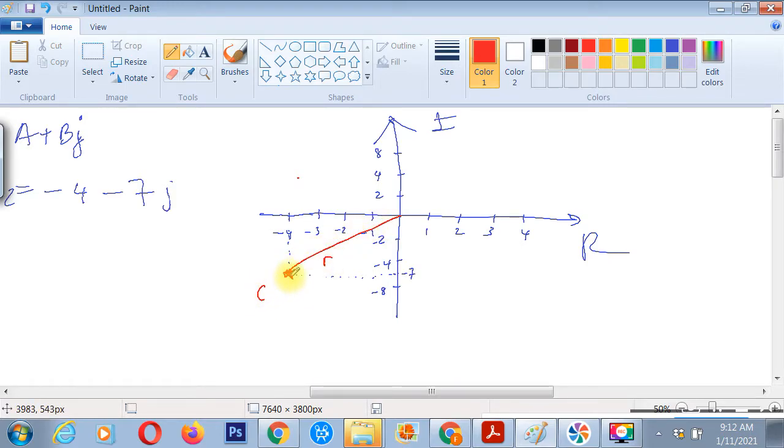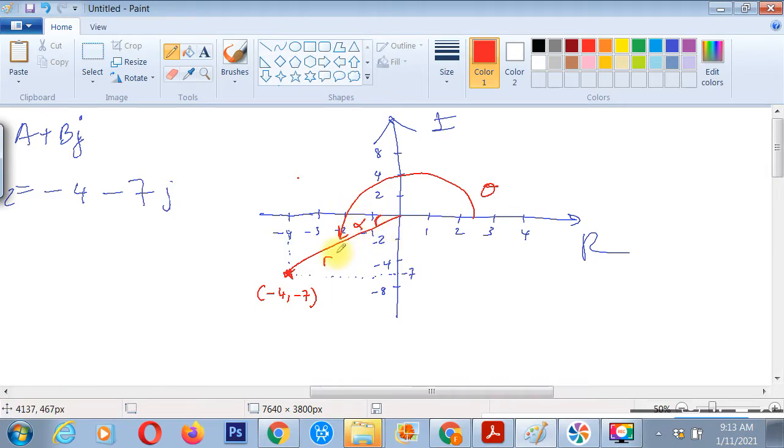So in brackets, this point is equivalent to -4, -7. So where is the argument? The argument is from the origin to this point, this angle, theta. From the x-axis, the horizontal axis, we only get alpha.